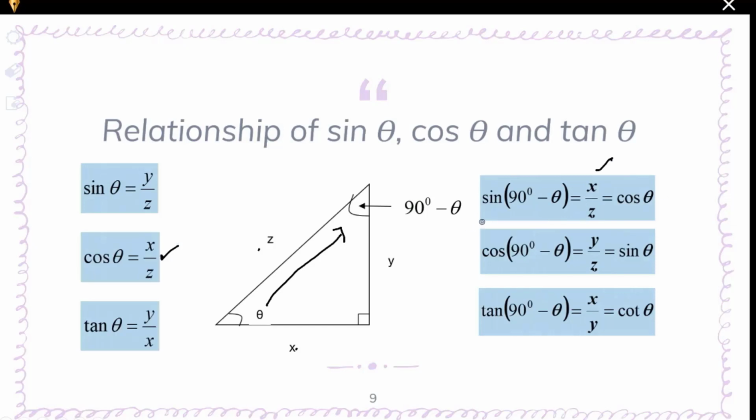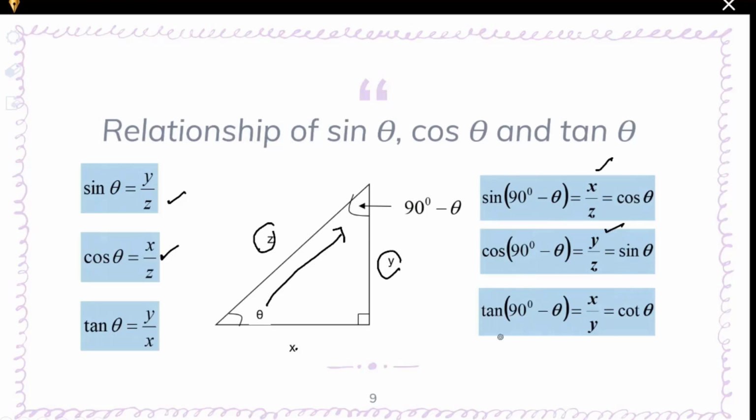So we can conclude that sine 90 minus theta equals cos theta. Next, if we want to find cos 90 minus theta, cos is adjacent over hypotenuse, which is y over z. Notice that y over z is sine theta. So that is the next relationship: cos 90 minus theta is sine theta.